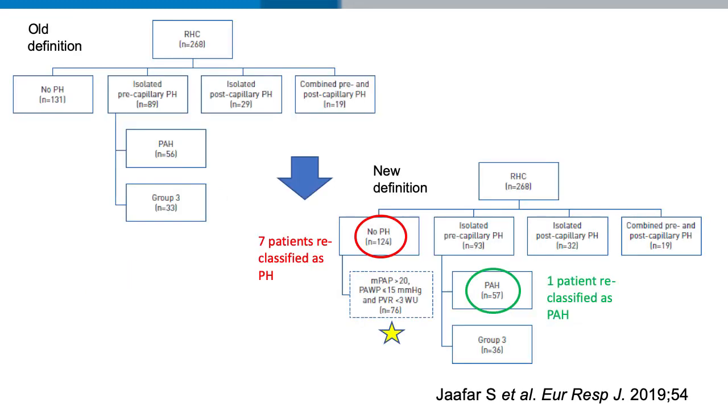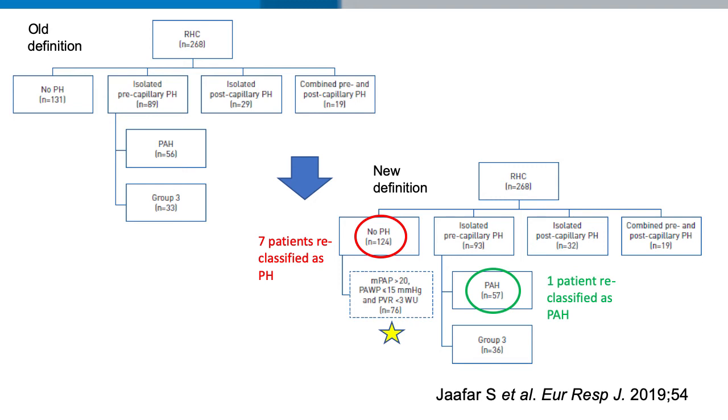This was even seen in scleroderma, which is one of the populations that the new definition was kind of developed to try to address. These patients, again, were patients with scleroderma who are screened for pulmonary arterial hypertension based on right heart catheterization. And this is how they're classified by the old definition. When they're reclassified by the new definition, some changes did occur.